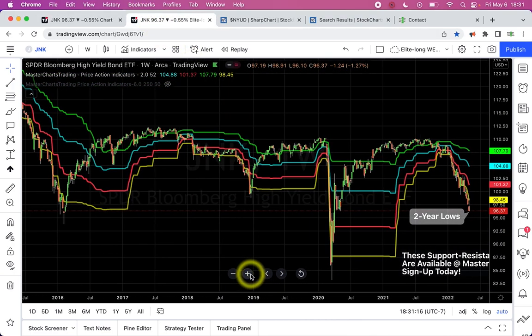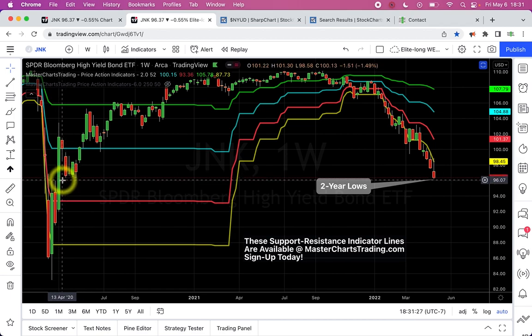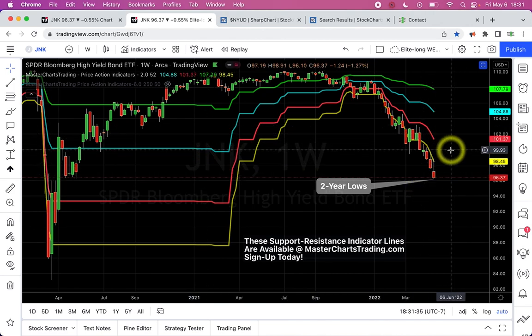So we are back to levels not seen since the pandemic, since April of 2020 here. Can we bounce? Yeah, sure, but we're in a downtrend. So once again, we're going to be looking for a bounce and then think to open a short position.